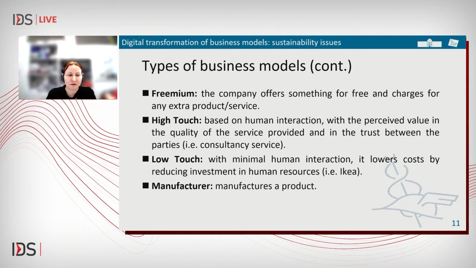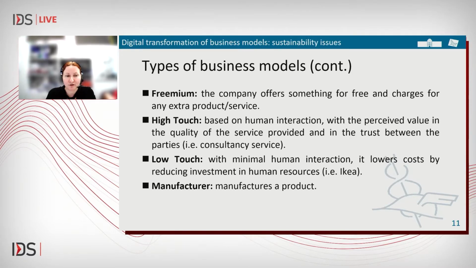The low touch model, on the other hand, means that we have minimal human interaction. It lowers costs by reducing investment in human resources. An example of that is IKEA, because we as customers go to the shop or go online, and we prepare, I don't know, the furniture which we want to have, and so on.